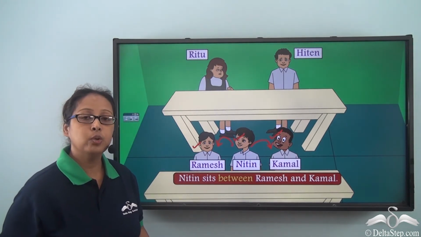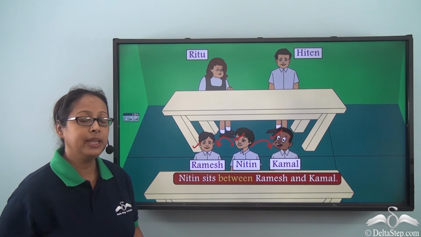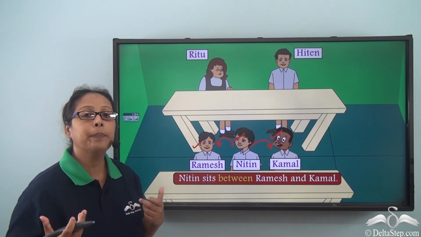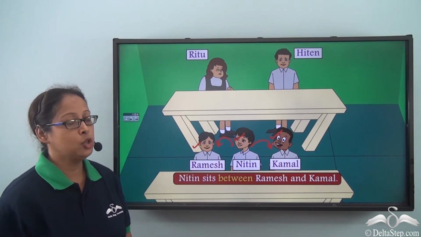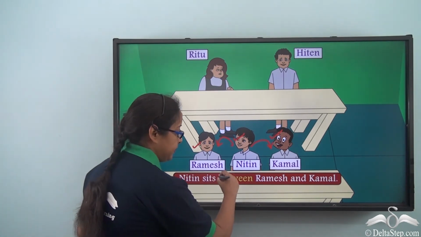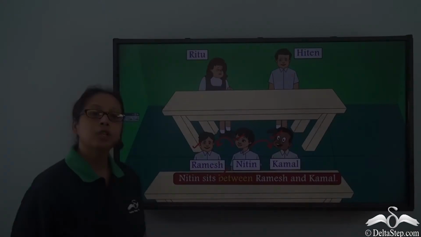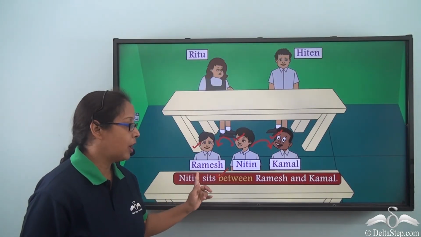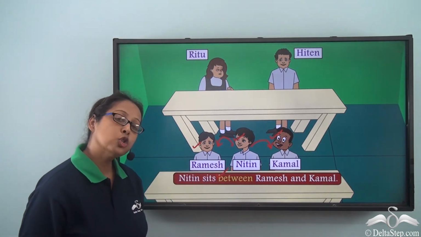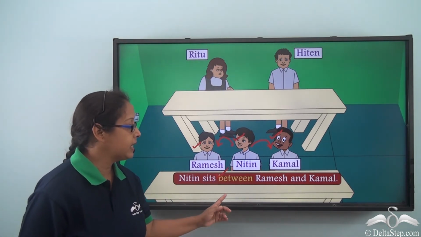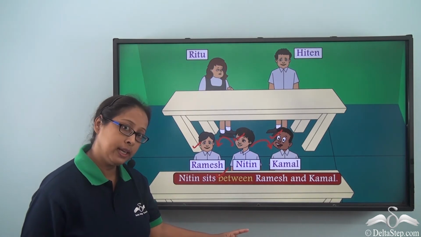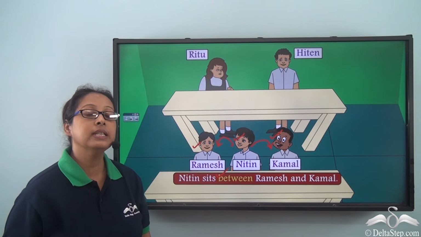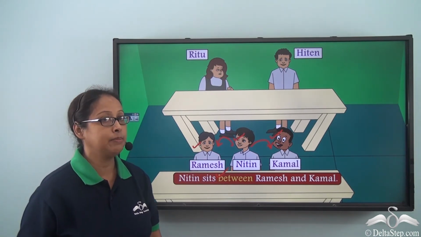When we have to explain about something being in the middle of two things or two people, then we use the preposition between. So we can see that Nitin is in the middle of Ramesh and Kamal. So we can say that he is between Ramesh and Kamal. So between is a preposition over here, which means in the middle of somebody or something.